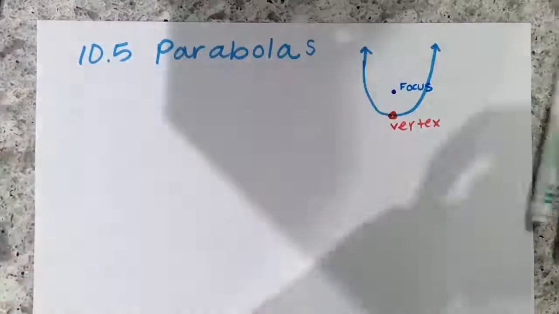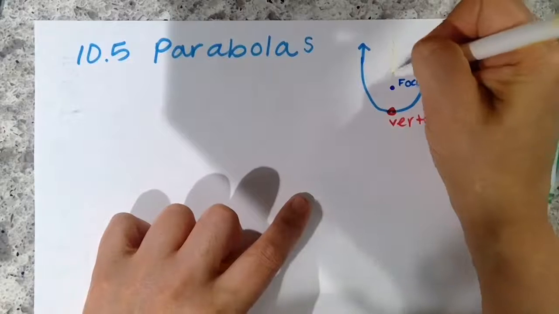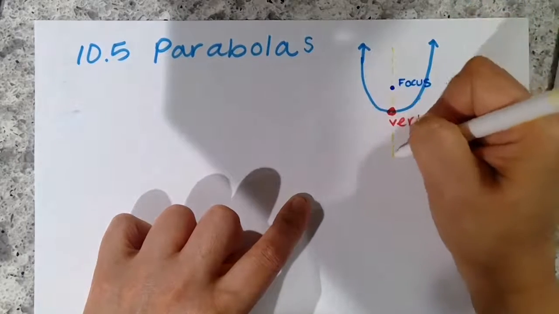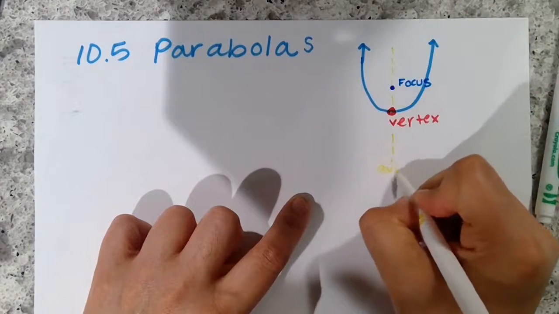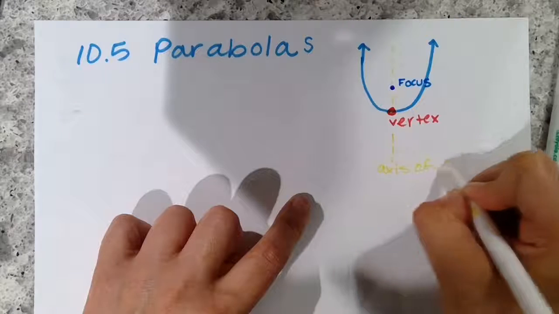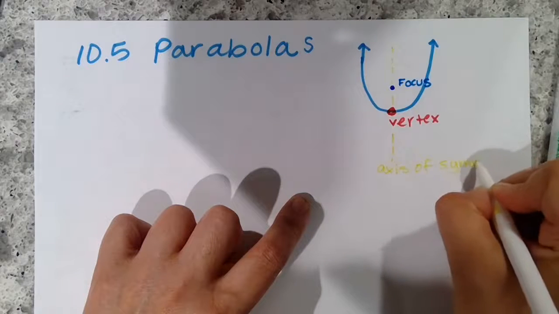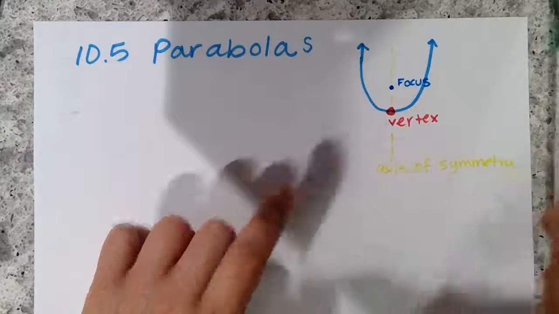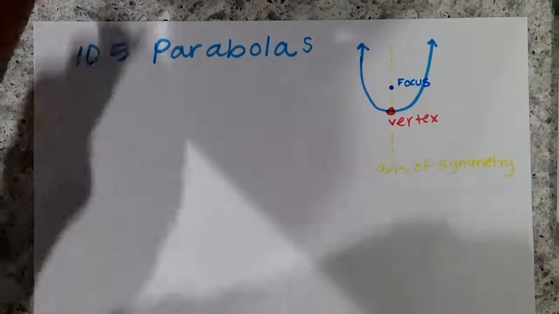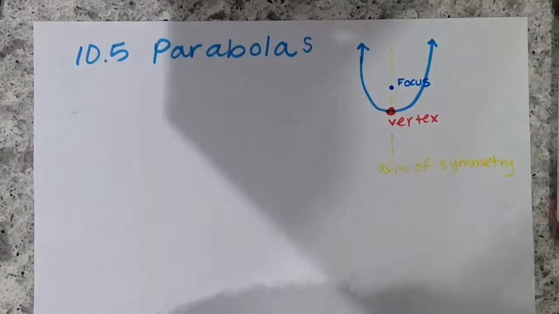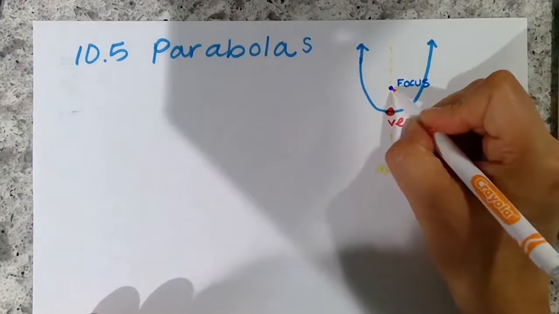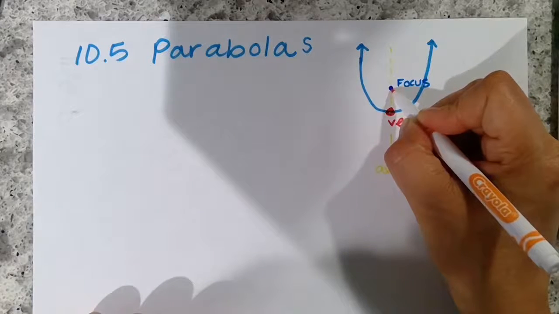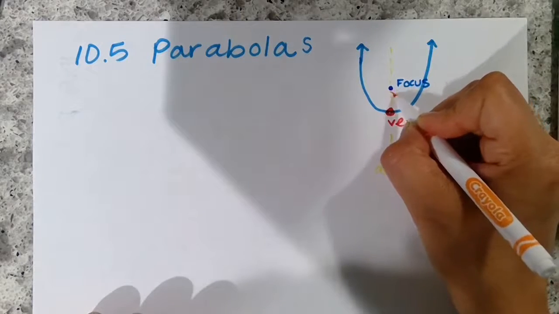You already know that you have an axis of symmetry, and that'll be an equation of a line. This part might be new to you. The distance between here and here, you're going to calculate it, and that is a distance of p.